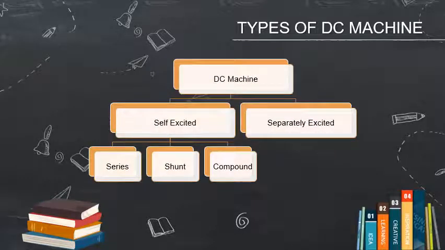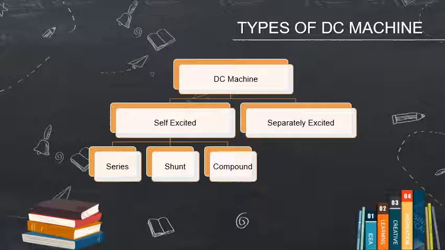DC machines are classified according to the type of excitation. Number 1 is the self-excited DC machine, and number 2 is the separately excited DC machine. In a previous class, we discussed what a machine, motor, and generator are. If we say machine, we consider both cases, motor as well as generator.